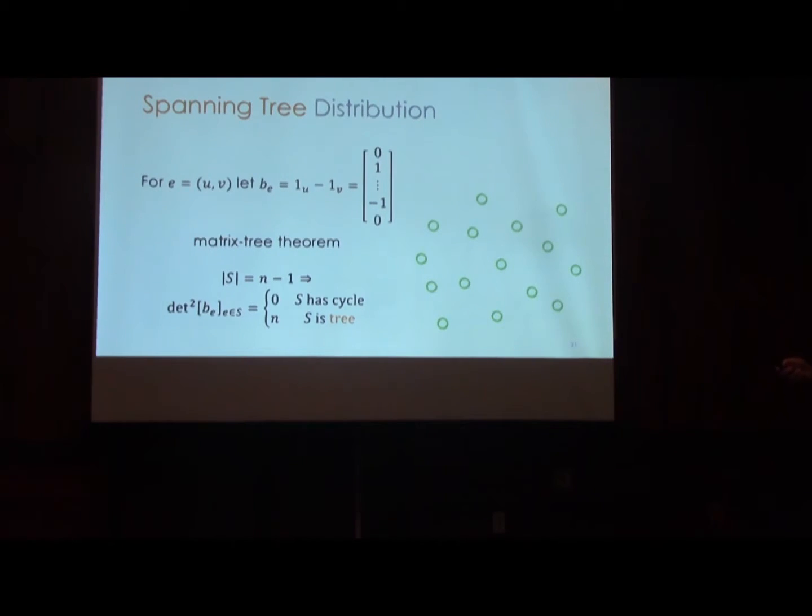So take your favorite linear map that translates that space into R^(n-1) and apply the determinant on that subspace. Or you can also do this trick where whenever you want to compute the determinant of a subset of size n minus 1, you just add a multiple of the all ones vector.